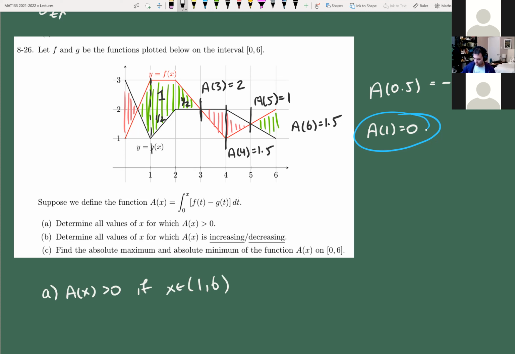Or alternatively, you just say X is bigger than 1. So it's only sort of negative at the beginning. Yeah, exactly. At 1, it's equal to 0, right? Because these two areas right here cancel each other out. Because they're both the same size, but one's positive and one's negative. So that's why they cancel.